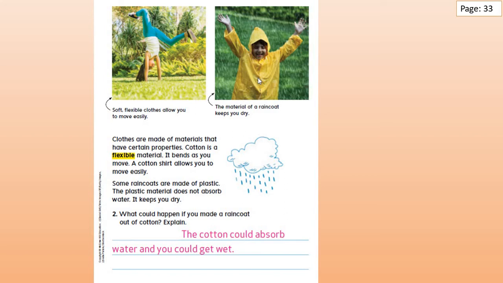The cotton could absorb water and you could get wet, of course. When it's raining, you could get wet. So, raincoats are made of plastic. So, please grade 2, be sure to write the answer in your book, page number 33. And then let's see the next page.